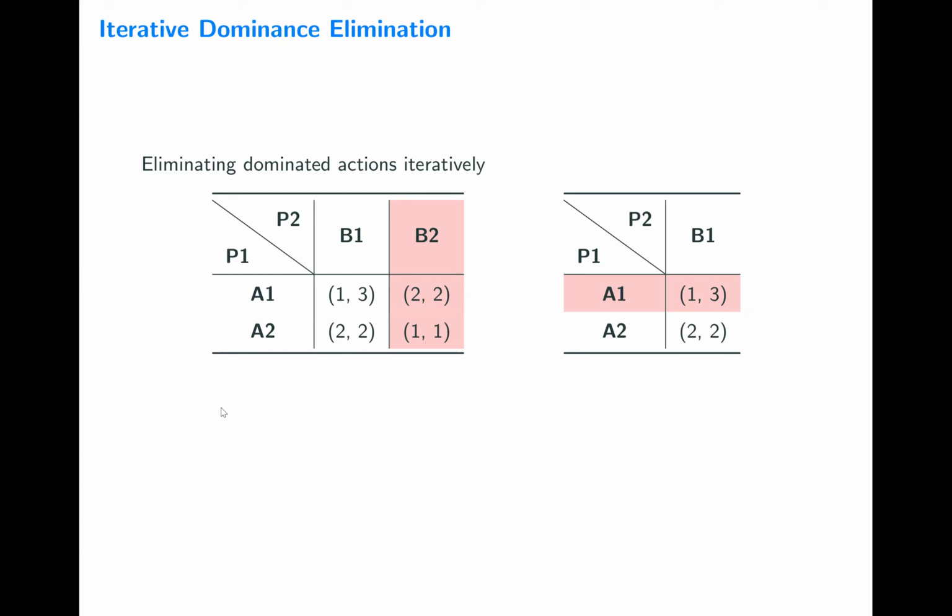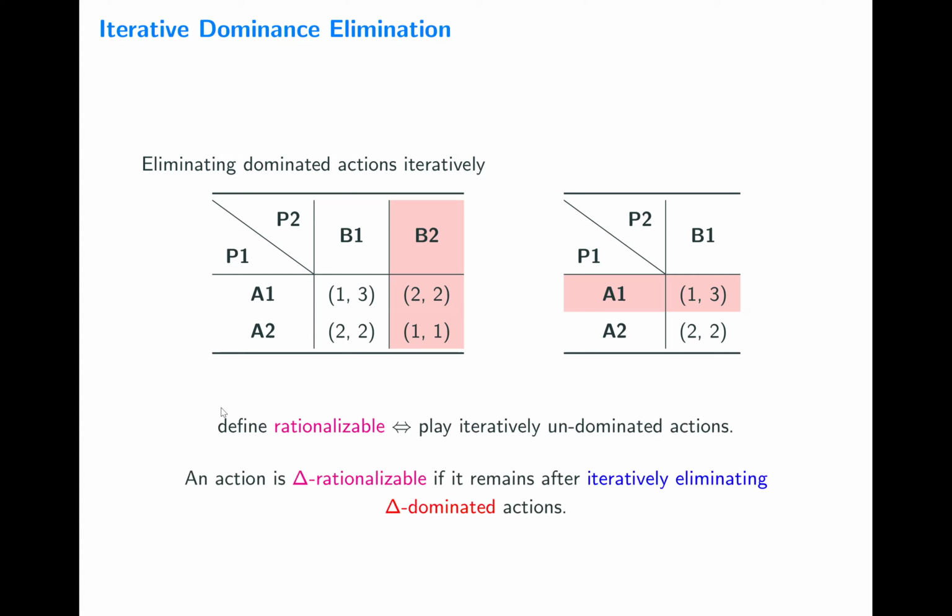So you can iteratively do this dominated action elimination, which ends up with a set that is iteratively undominated actions. That is, after you do all the elimination, what are the actions that remain? It can be one action, it can be multiple actions, and we consider those actions reasonable.